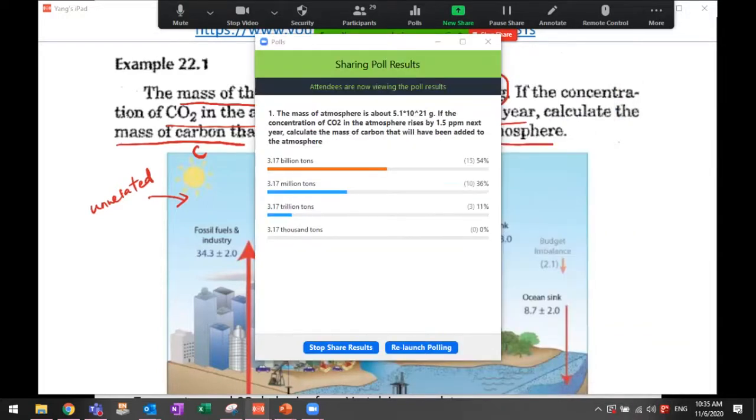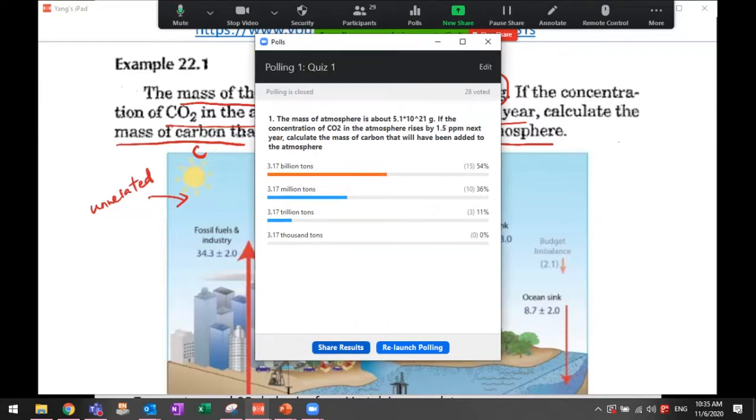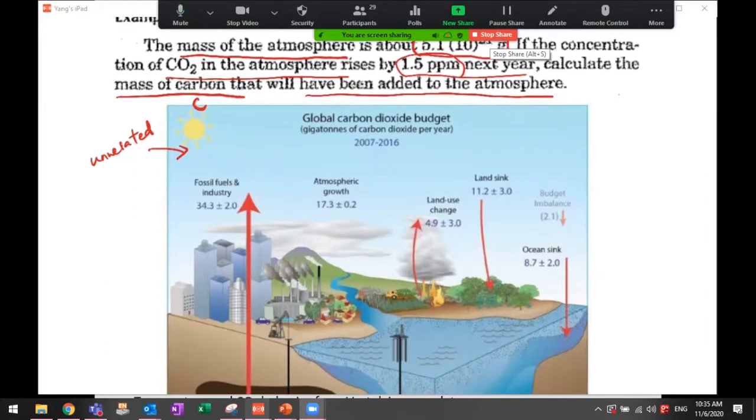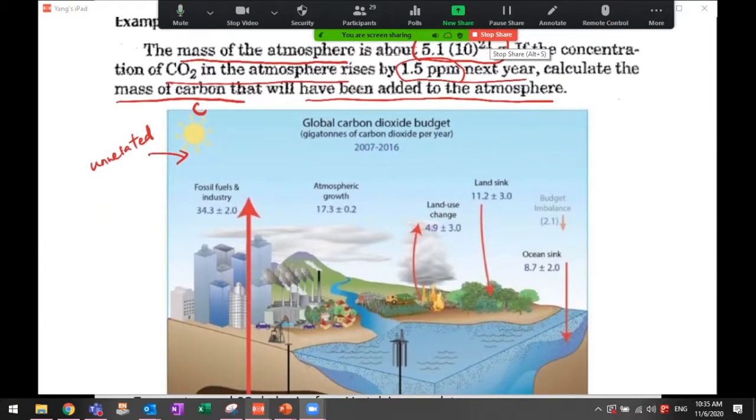All right, so the correct answer is the first one, which is 3.17 billion tons. Okay, so I think this question probably doesn't need the ideal gas law for the conversion. You will just calculate how many moles there are in the atmosphere, and then calculate the mass of the carbon. So we can do it this way. We already know that the mass of the atmosphere is 5.1 multiplied by 10 to the 21st grams, right?